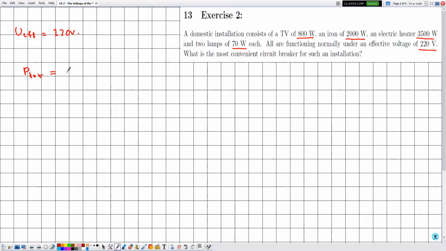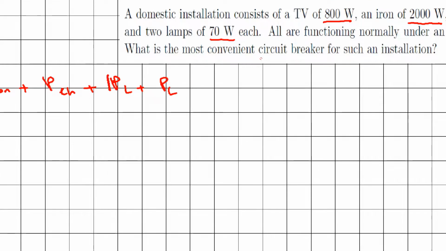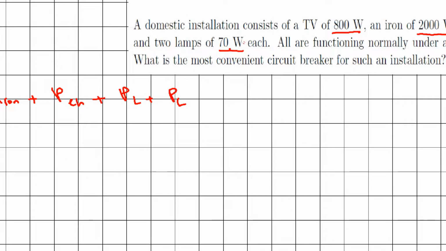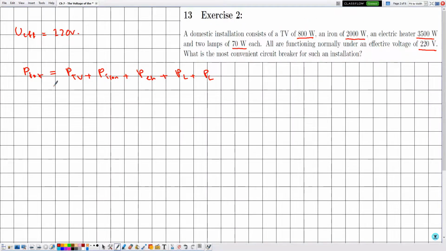Then P total, which is equal to the P of the TV plus P of the iron plus P of the electric heater plus P of the lamp plus P of the lamp. So here I have placed two values for P of L because we have 2 lamps. So the power of the TV is given by 800. The power of the iron is given by 2000.